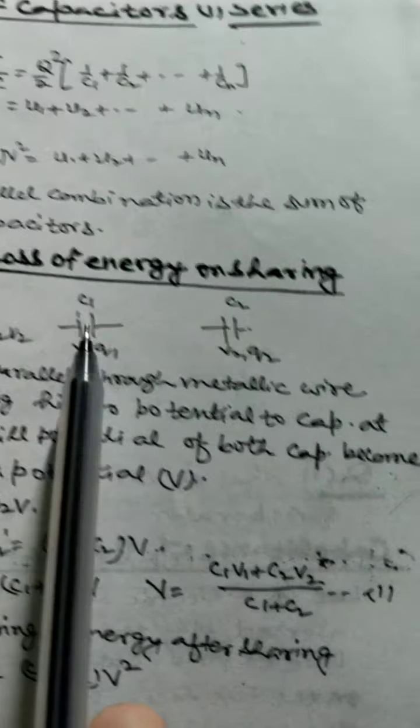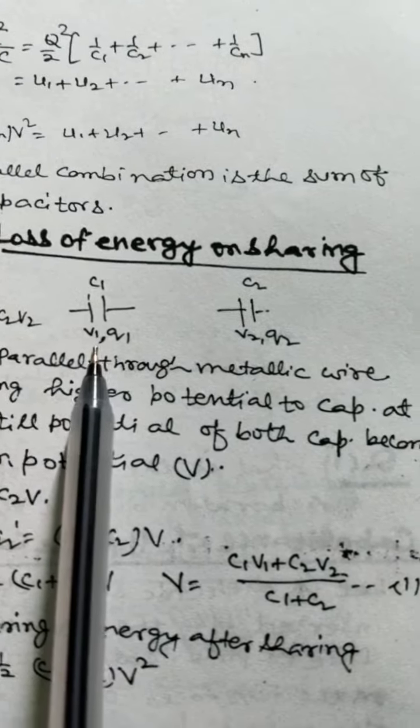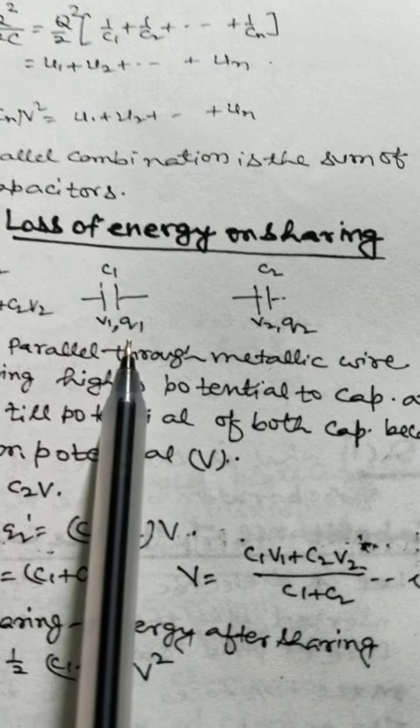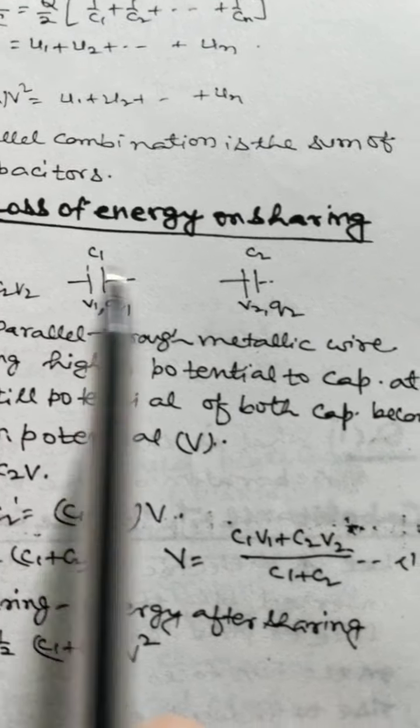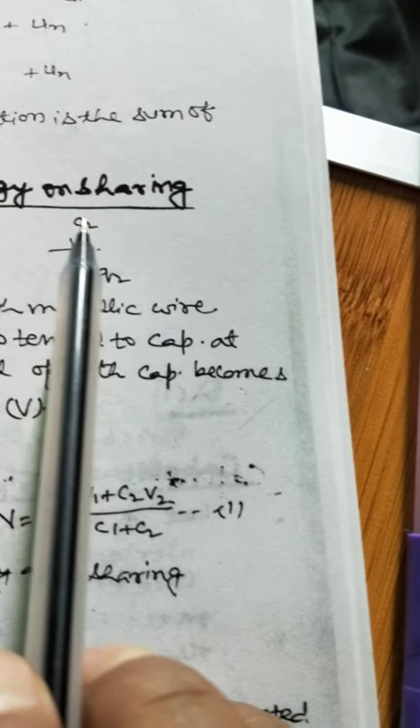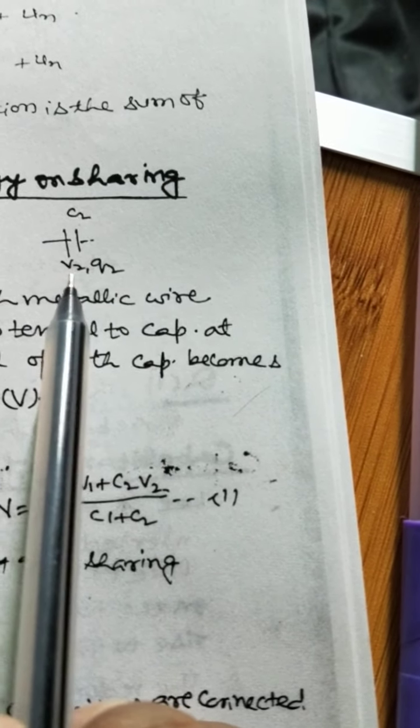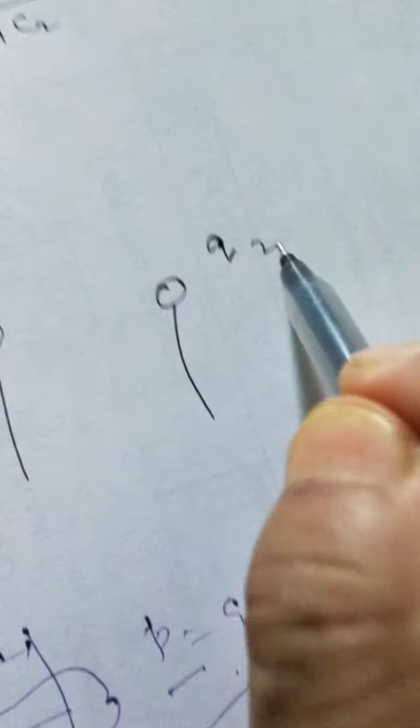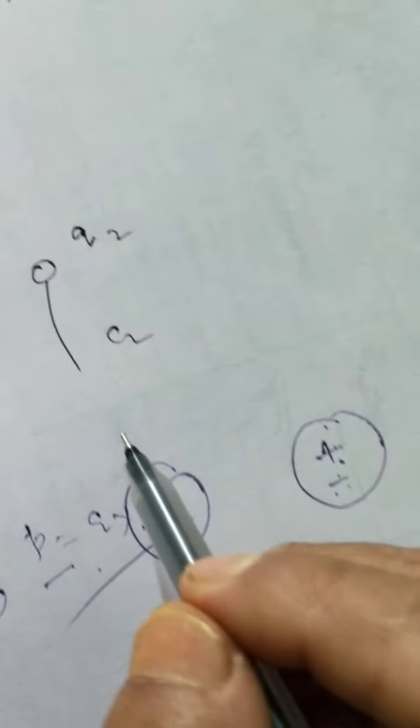One is the first capacitor conductor C1, its potential is V1 and charge is Q1. For the second conductor, capacitance C2, charge Q2.